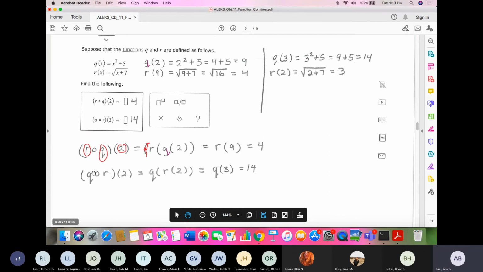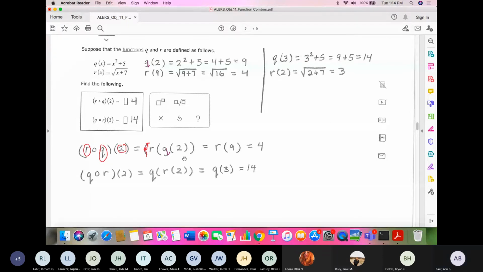So you take whatever this variable is. It's going to vary depending on what problem you're working on. You take that first, write down that R. In this case, it's R, whatever it happens to be. You write down R followed by a parenthesis. Then you take this one, in this case it's Q, write it down followed by a parenthesis. Then you take this number, write it down, and you close off the parentheses. That's how you get it.